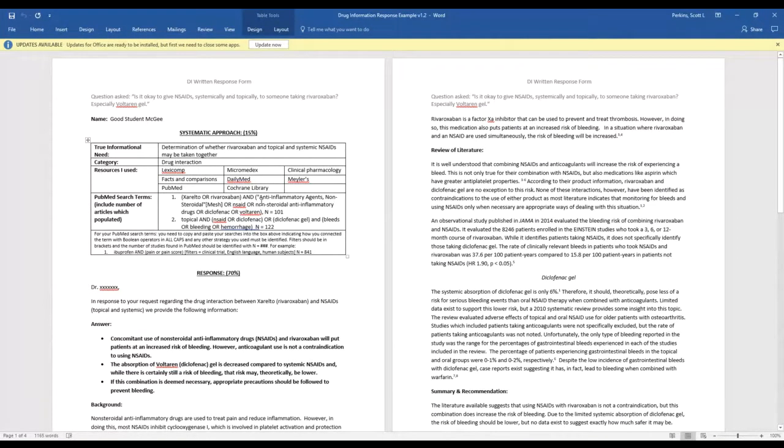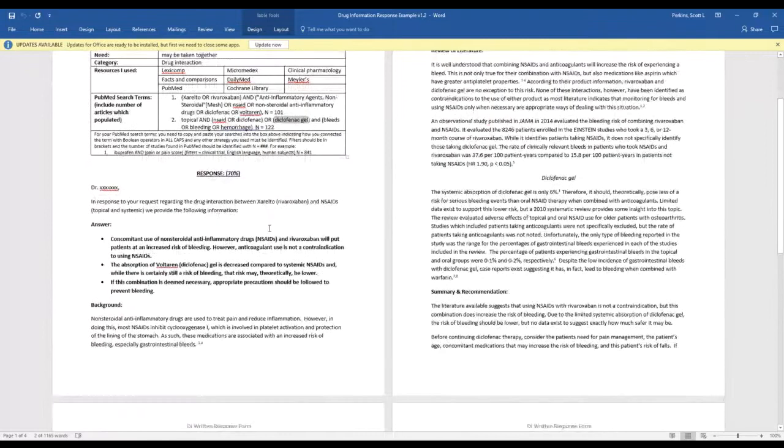But I'll say that it comes with the exact same amount of articles when you put them in PubMed. So there's that. I've researched those things. I've encompassed both NSAIDs in general and rivaroxaban. I've also encompassed diclofenac gel and bleeds just in general. Just a very broad search in that regard.